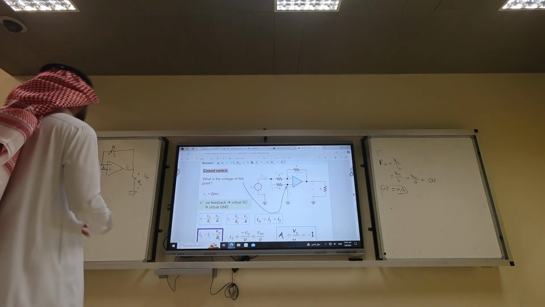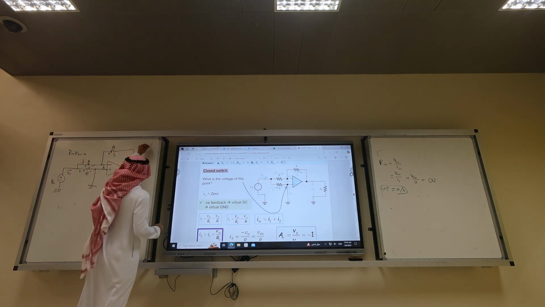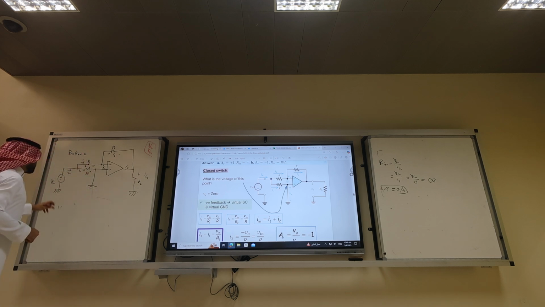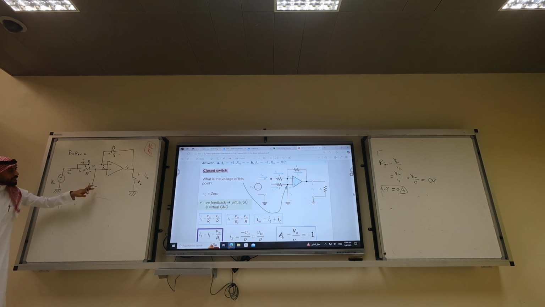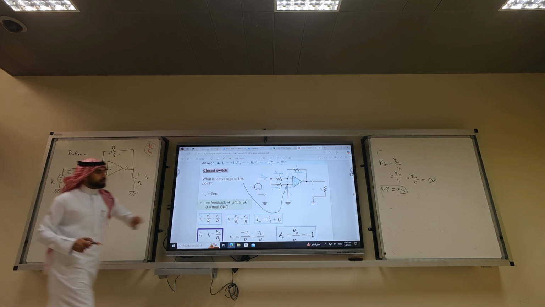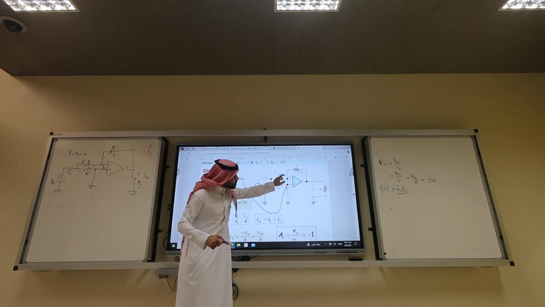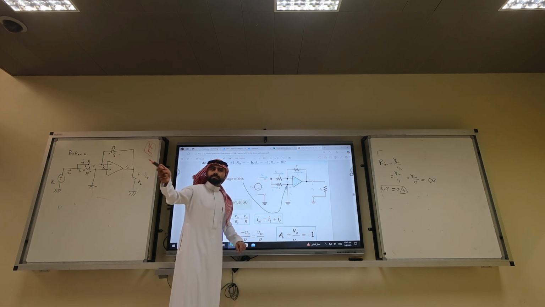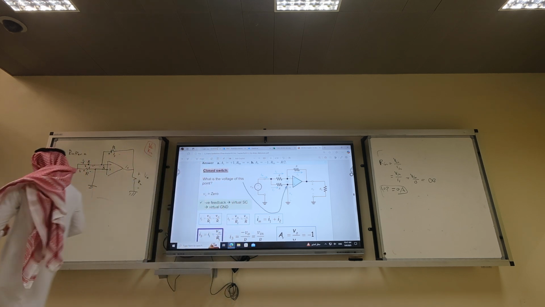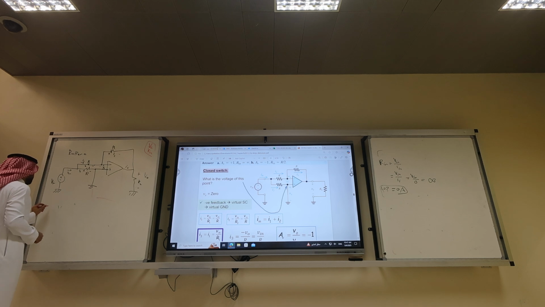Remember, our goal is to find V output over V input. Because the positive terminal is connected to the ground, the negative terminal has what we call virtual ground, because Vx is 0. Everything here is 0. What is I1?